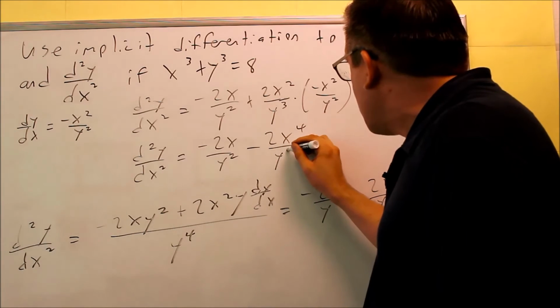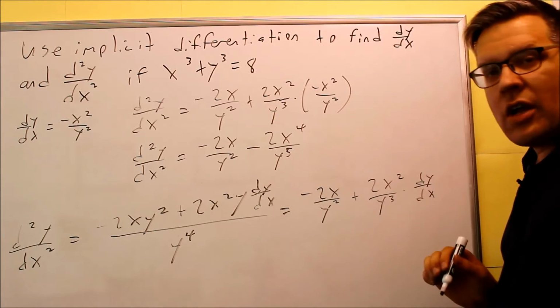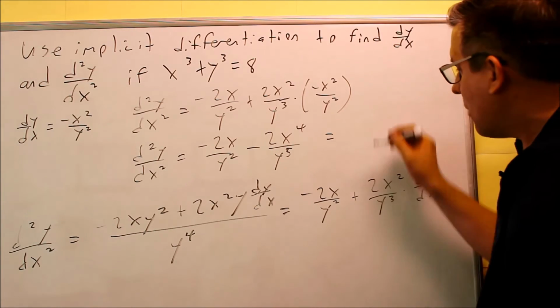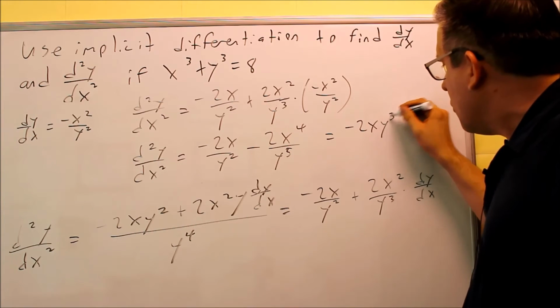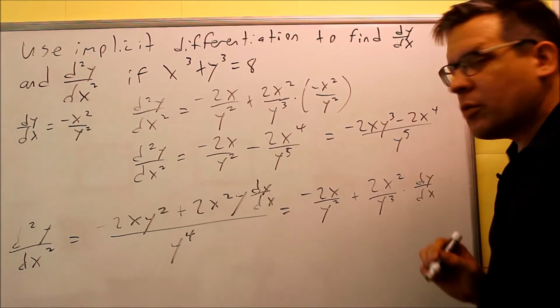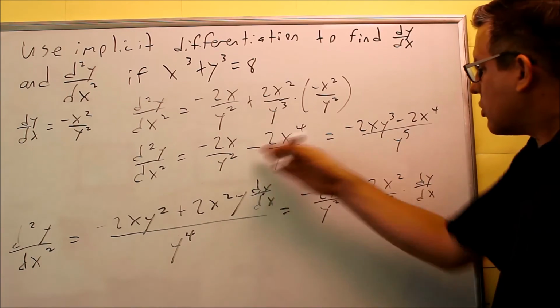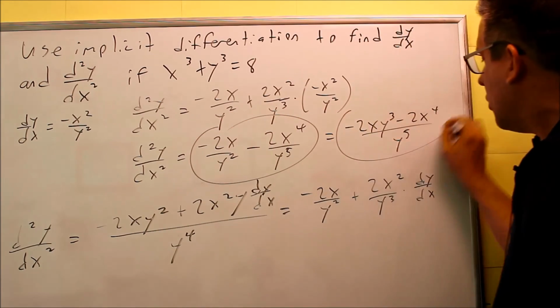You're going to add the exponents together and you get y to the fifth. You could leave your answer that way, or you could also get common denominators. If you got common denominators, it'd be negative 2xy cubed minus 2x to the fourth over y to the fifth. If you wanted to put it back as a single fraction, you can certainly do so. So either one of these would be your correct answer, this one or this one.